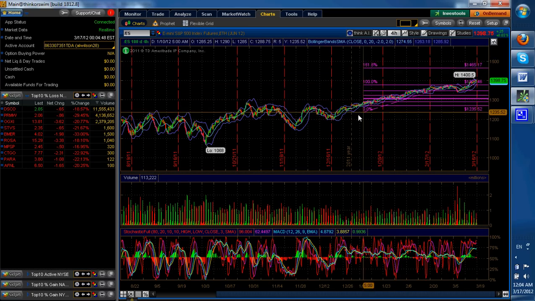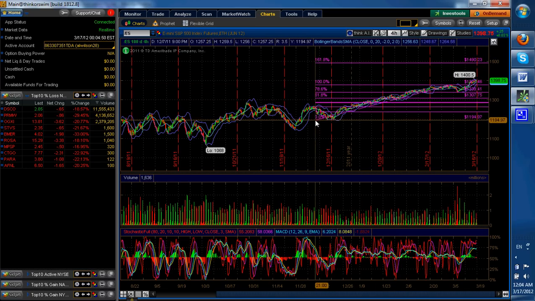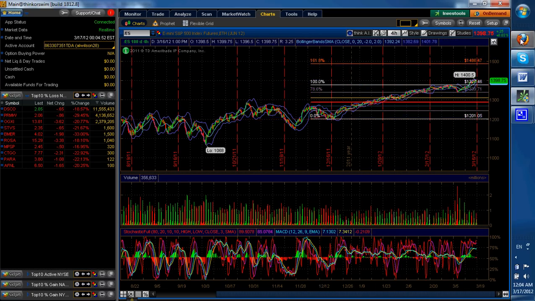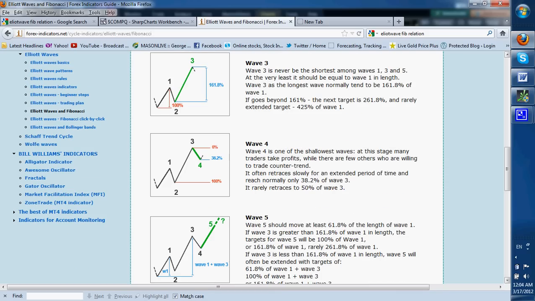So what I'm projecting that's happening now, let's draw the low and the high, is that we just recently saw wave 4. Wave 4 is one of the shallowest waves, and it often retraces as close to 38.2% of wave 3, and it rarely retraces 50% of wave 3, so that's out of the picture.